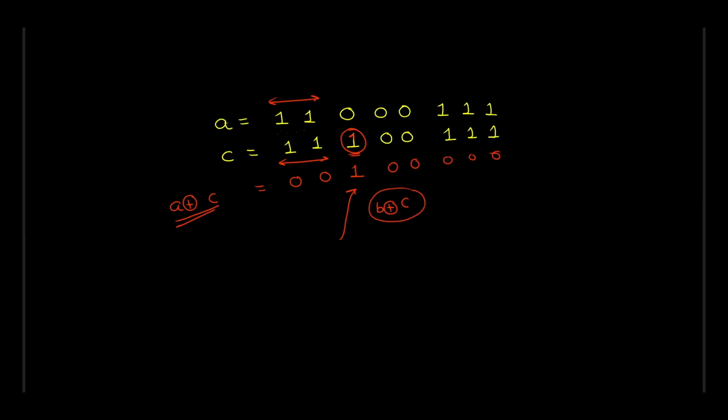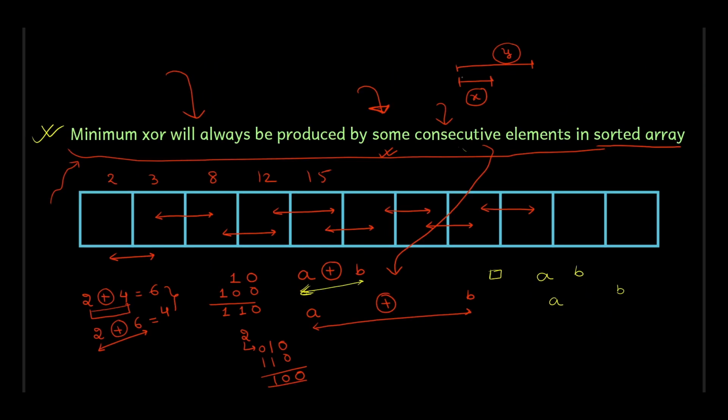But if B has 0 in that bit, then we can switch to A XOR B. And that's how we have the conclusion again of this video, that minimum XOR will always be between consecutive elements in a sorted order.